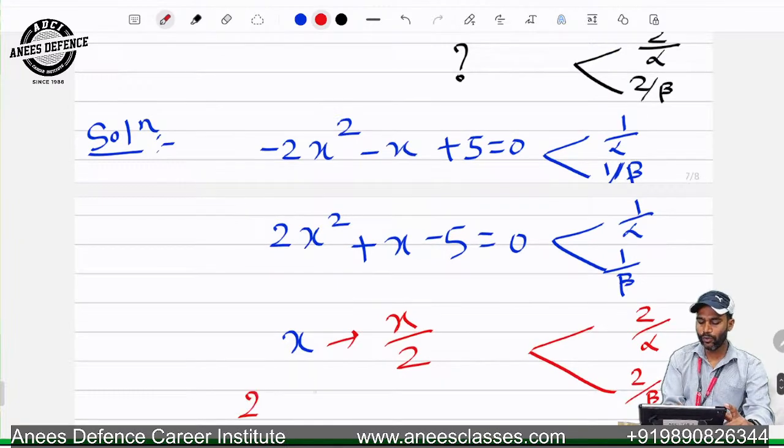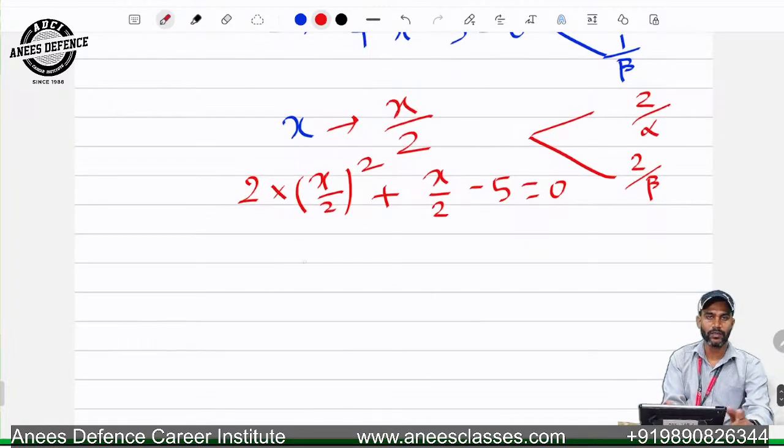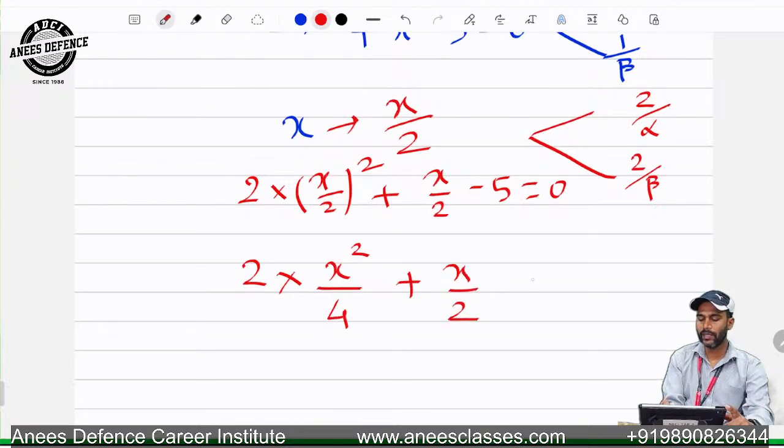So here you will get 2 times x by 2 whole square plus x by 2 minus 5 is equal to 0. That would be your final answer. Just simplify it, very easy. 2 into x square by 4 plus x by 2 minus 5 is equal to 0.